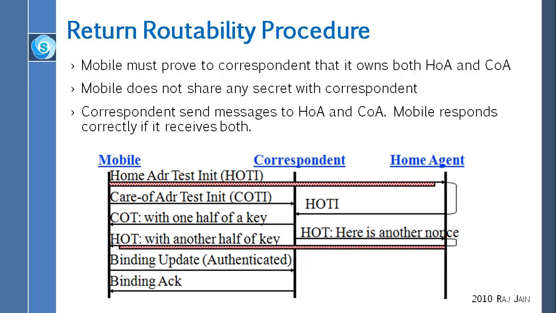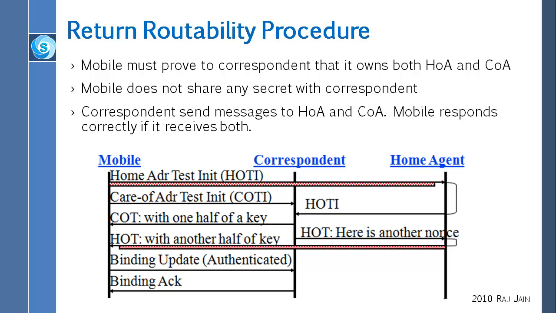It goes straight to the home agent, and then the home agent unencapsulates that part and sends it to the correspondent. So half of the message came via the home path. The other message, Care-of Test Init, you send directly to the correspondent. So the other half came directly, right?